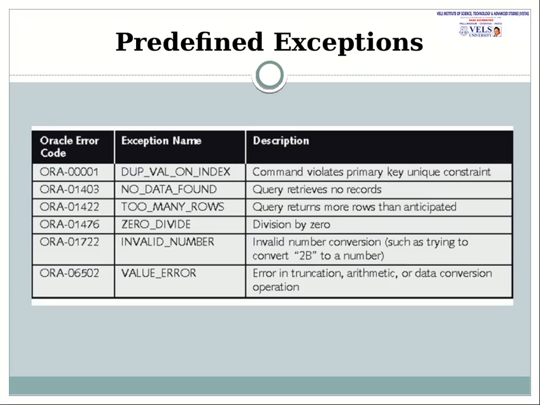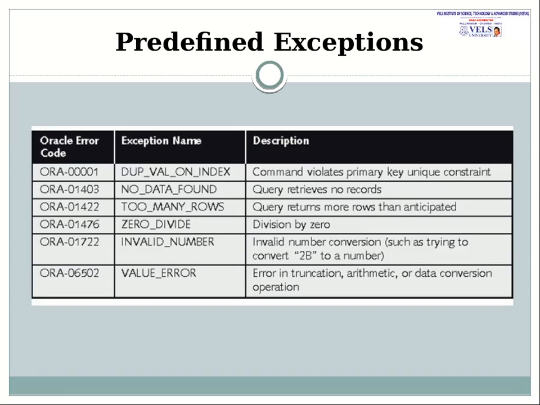The different exception names are: duplicate value on index, that is when a command violates a primary key or unique constraint. No data found: if in the particular data there is no record, it automatically throws no data found, that is the query retrieves no records. And too many rows: if a query returns more rows than anticipated.